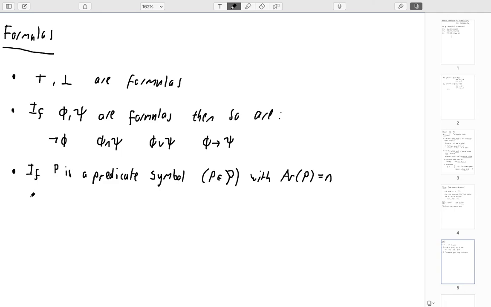The idea is we're saying that the relation P holds of the n terms we've got. So we need n terms, T1 through to Tn, that are terms. Then P of T1 to Tn is a formula.